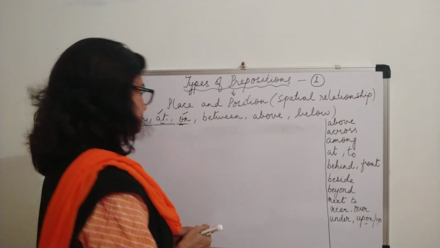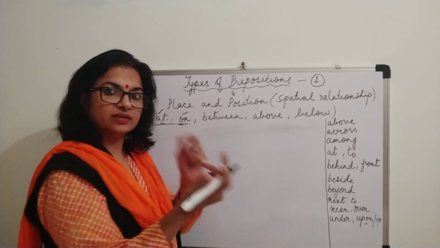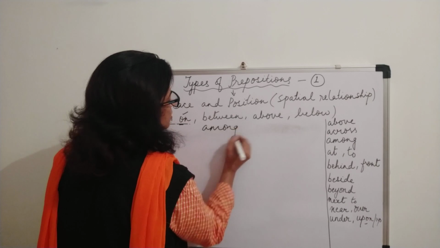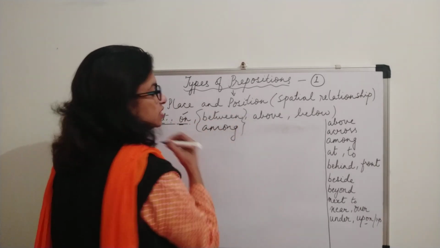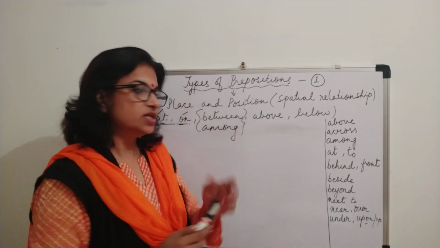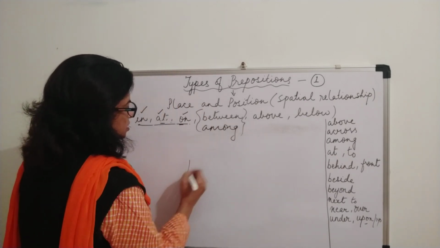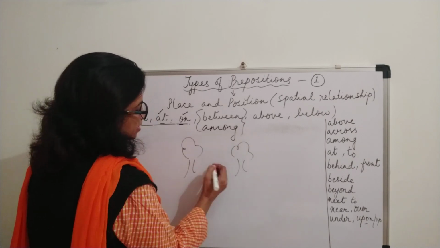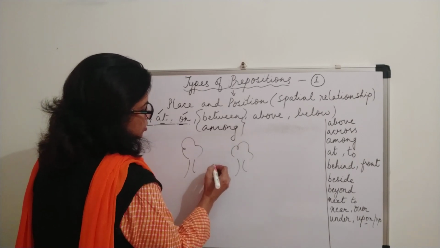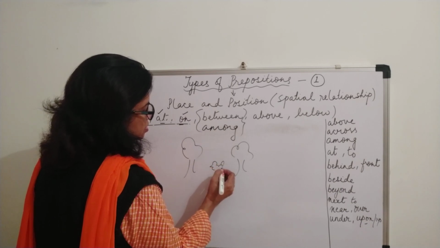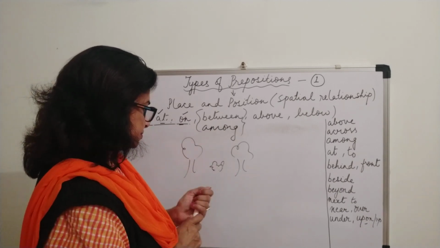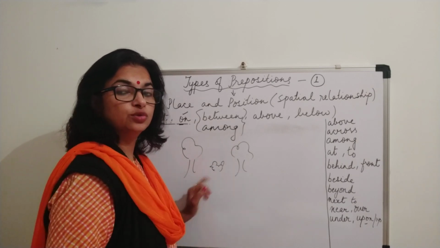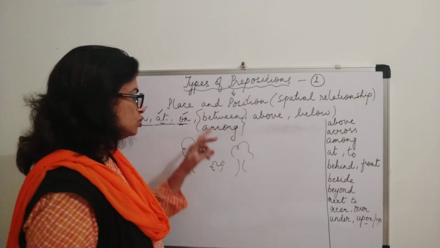Now between. Between and among, there are two, isn't it? Let us discuss both these together. When do you use between? When there are two. Suppose there are two trees, this is one tree and this is the second tree, and a cat or a bird is sitting. So a bird is sitting between the two trees. So when there are two, we use between.